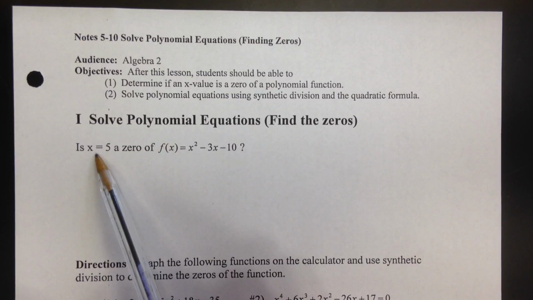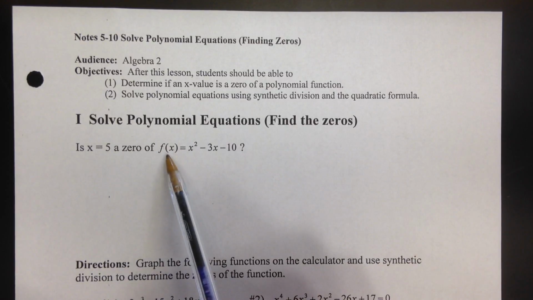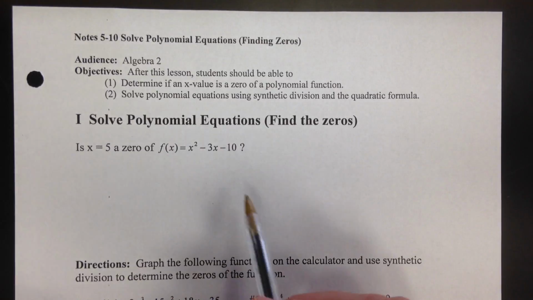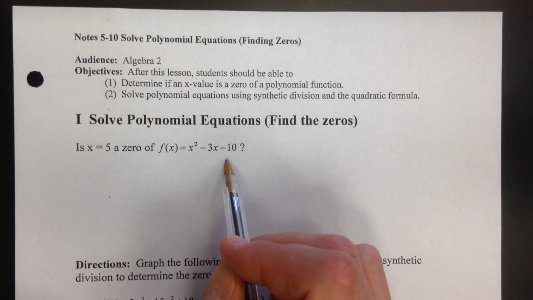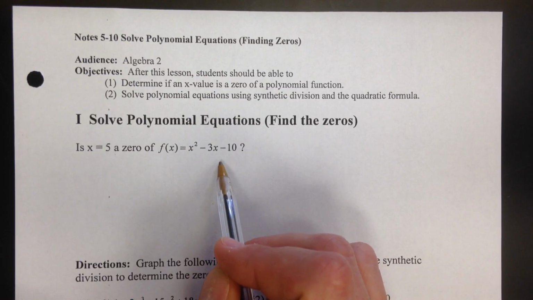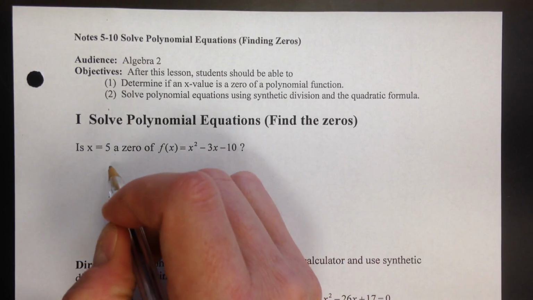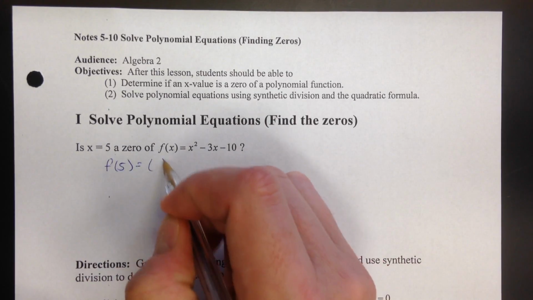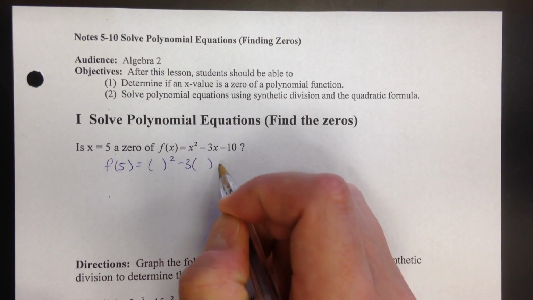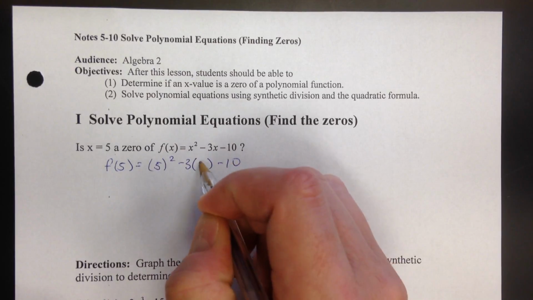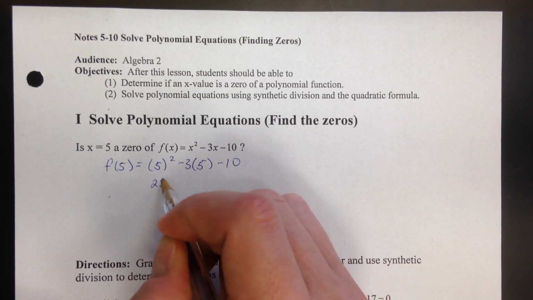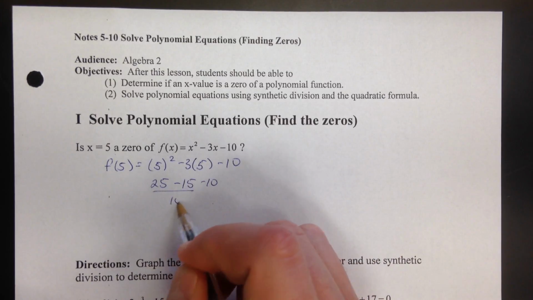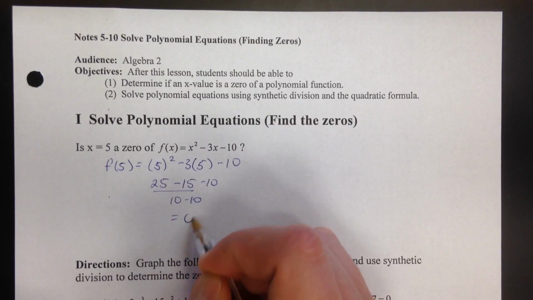First question, is x equals 5 a zero of the function f of x equals x squared minus 3x minus 10? The easy way to do this is to take 5 and plug it in and see if you get a value of 0 out of that. So f of 5 is going to be x squared minus 3x minus 10, and we're going to substitute a 5 for the x's, so you get 25 minus 15 minus 10. 25 minus 15 is 10, minus 10 is 0.